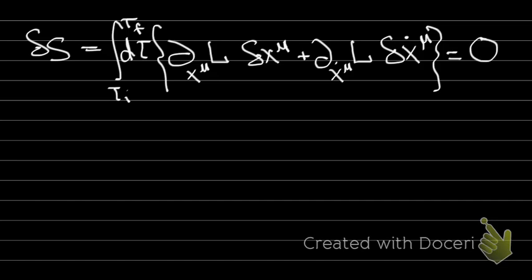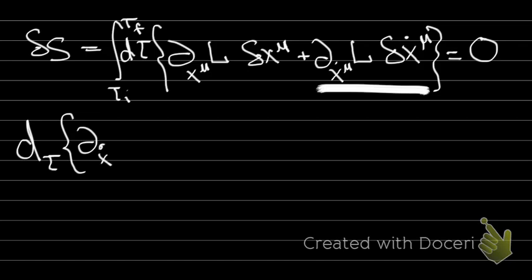Now if you look at this second term, it actually comes from the total proper time derivative of the partial derivative with respect to x dot^mu of my Lagrangian multiplied by delta x^mu. If you expand this, what do you get?